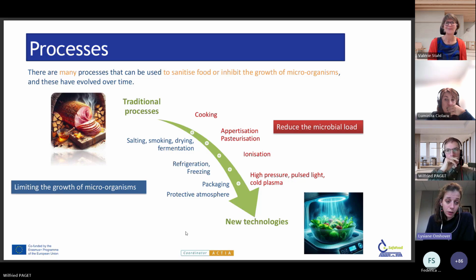Refrigeration and freezing can also limit the growth of microorganisms. And then a final step is packaging and the use of protective atmosphere. There are some other technological steps to reduce the microbial load, such as cooking, pasteurization or ionization steps, or the use of new technologies such as high pressure, pulsed light, or cold plasma.